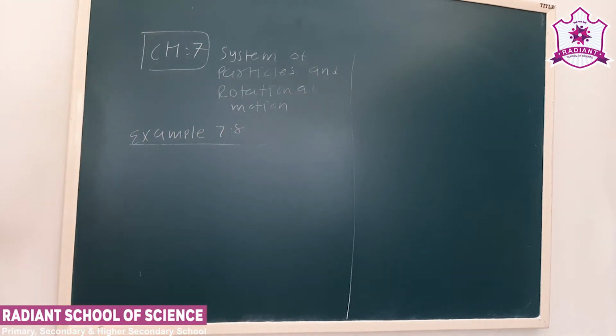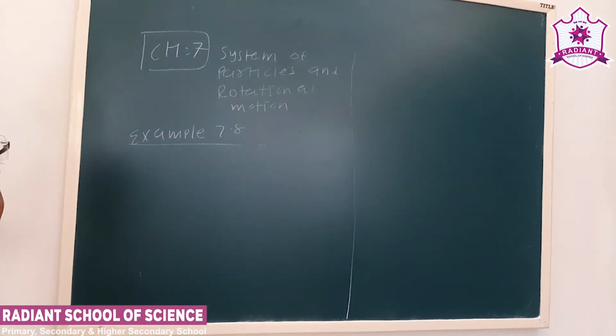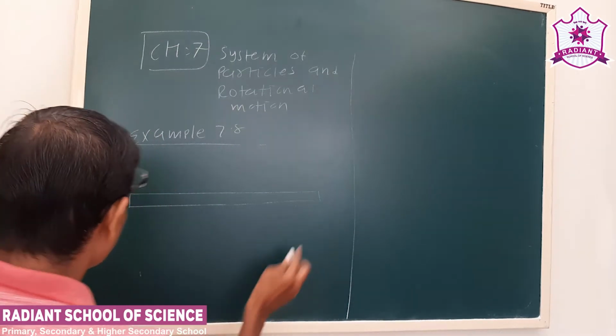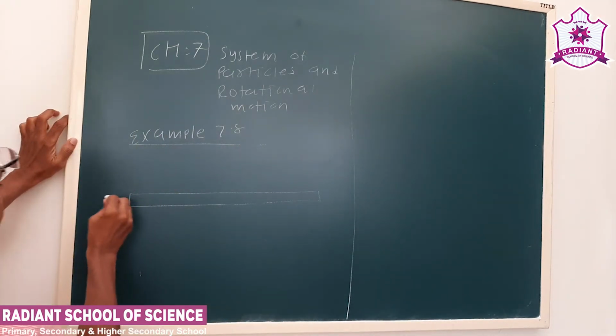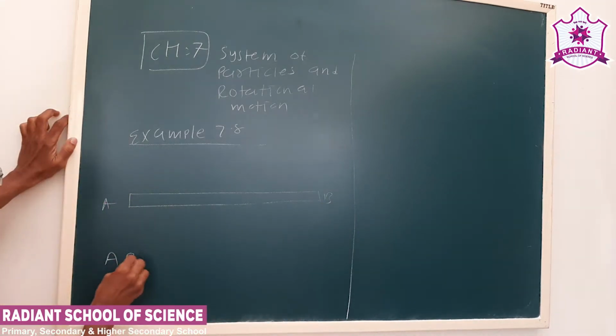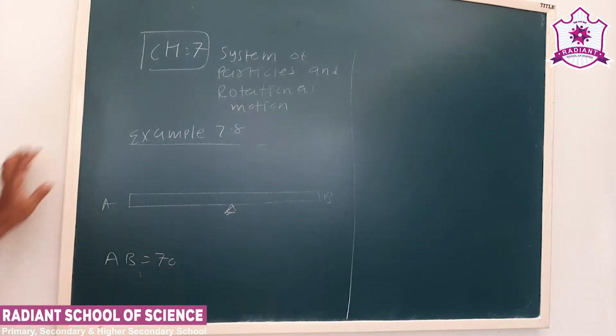Here we'll take the help of the principle of lever and see the rotational equilibrium. See, a rod of 70 centimeter length. Let us say AB length is 70 centimeter. The midpoint is the fulcrum.